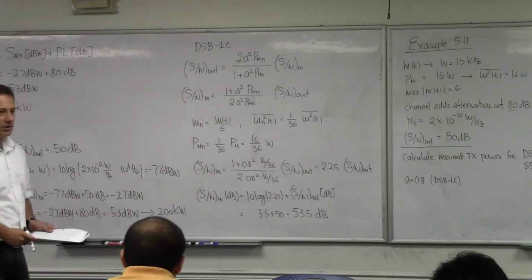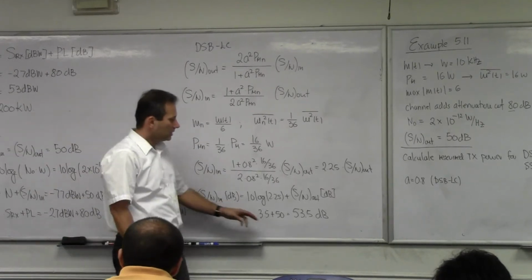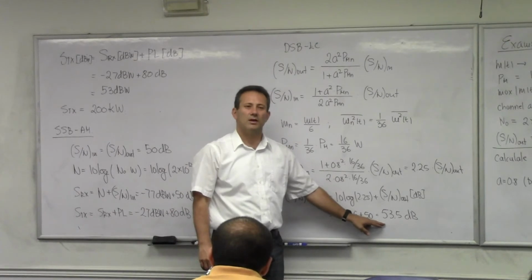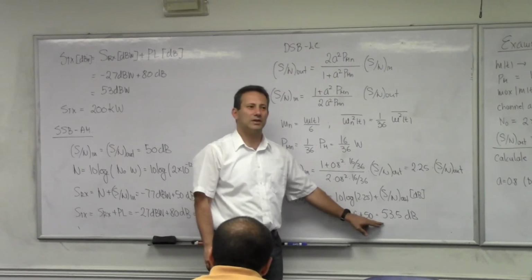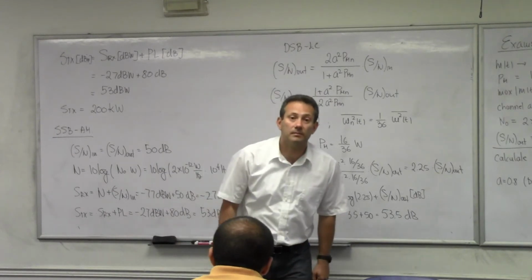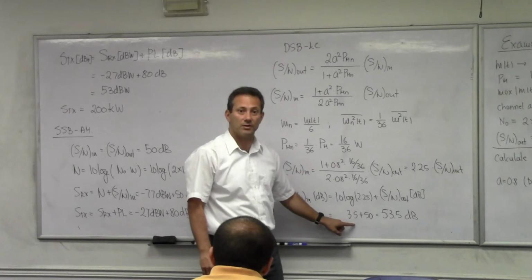One thing that you notice here is that your signal to noise ratio at the input needs to be better than the signal to noise ratio at the output. Can you remember why that was the case? Processing gain is smaller than 0 dB here, right?